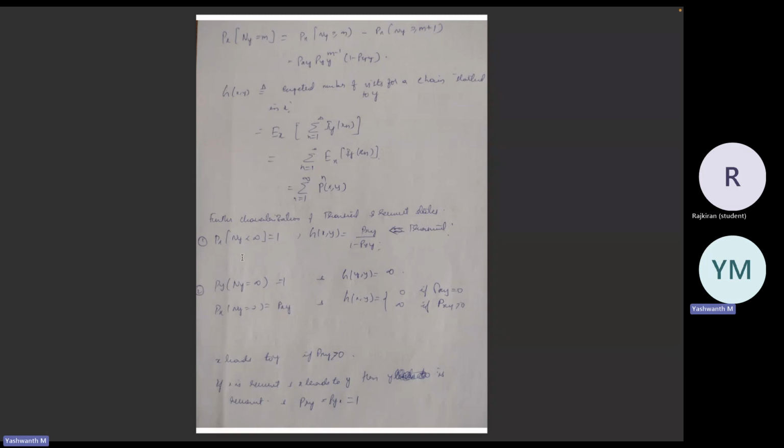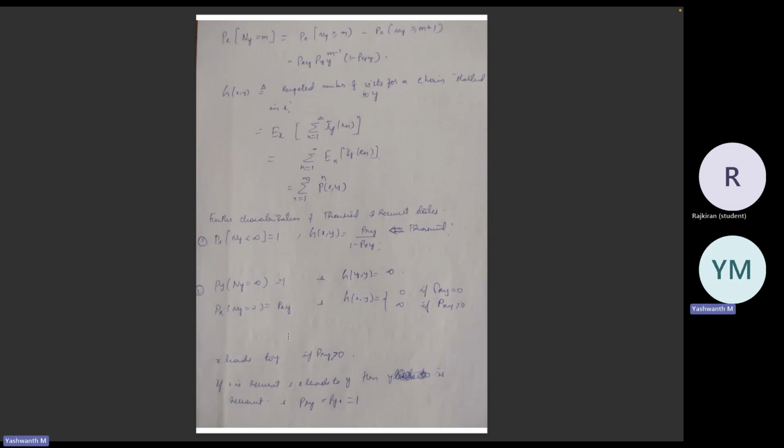Your expected number of visits is given by rho of xy divided by 1 minus rho of yy. You can derive this from this formula. And for recurrent, if a state y is recurrent, you will visit it infinitely many times. So your expected number of visits to that state when you start in y is infinity.